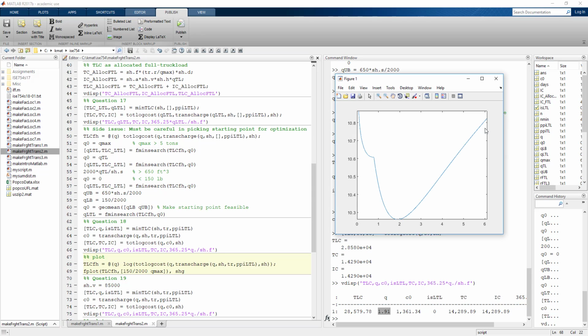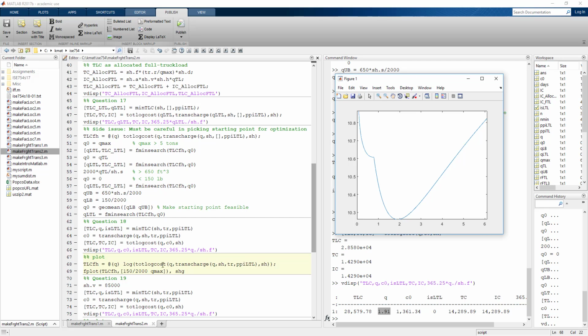we get this, and this is what I was mentioning about having two different minima. In this case, I don't know if it's exactly a minima, but it's an inflection point. And then here we have a minima. So in this case, we're in the range of truckload being feasible. A problem could arise, though, if we picked a starting point here and we're using fminsearch, we would end up with this value.